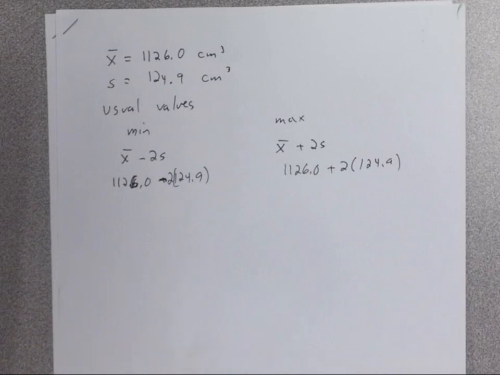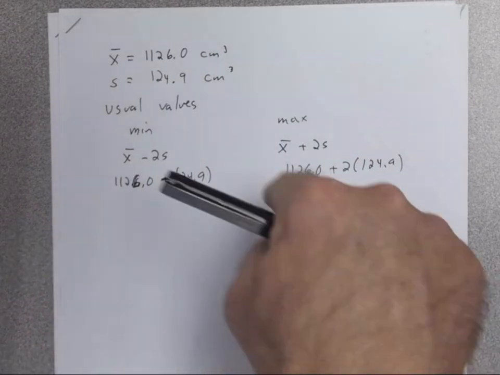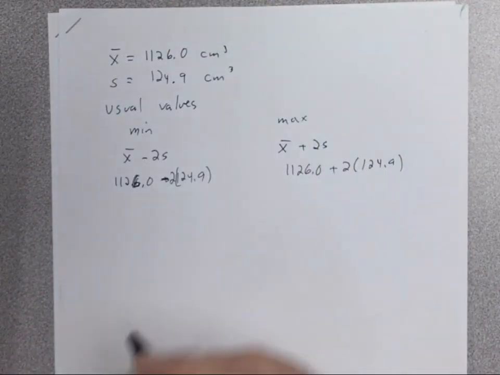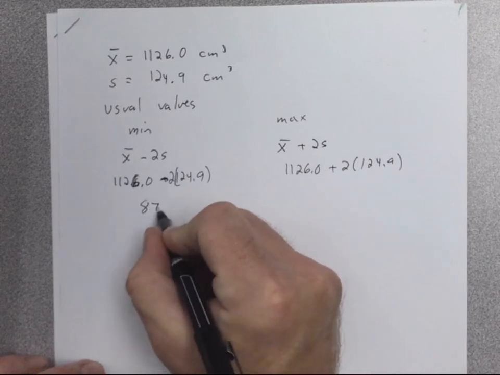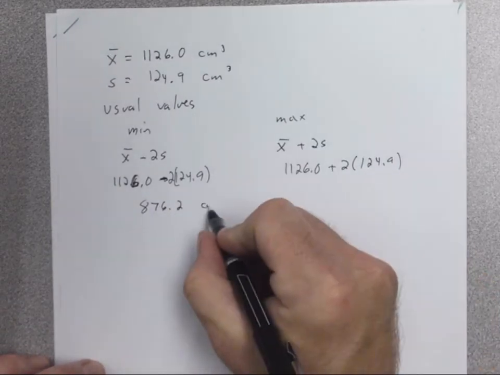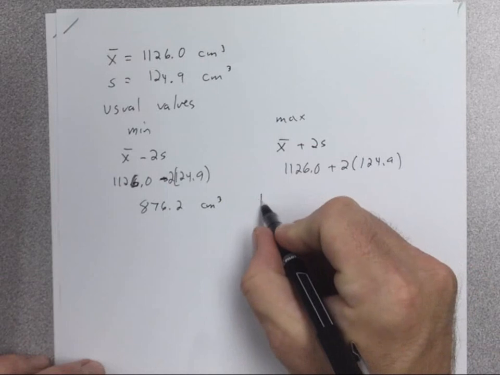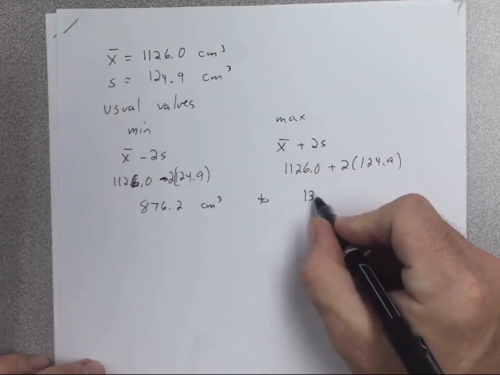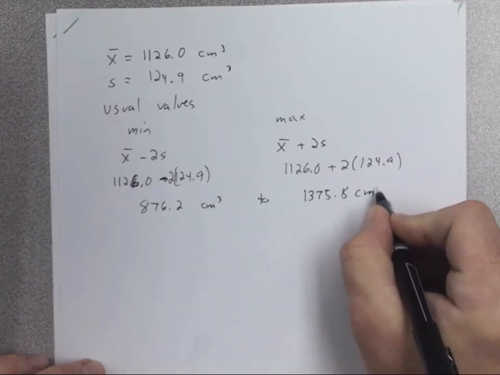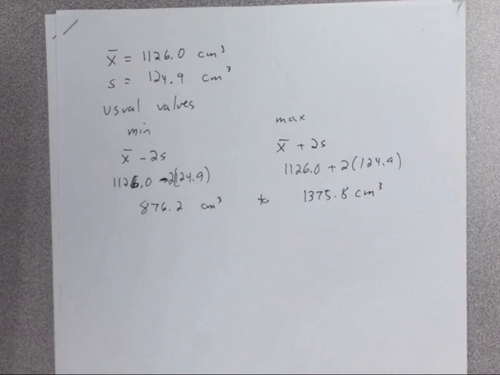I know we don't see the data, but we already know it's been rounded. So these things are going to be rounded to the same decimal that these are. So I have 876.2 centimeters cubed to 1375.8 centimeters cubed. So these are your usual values for brains.